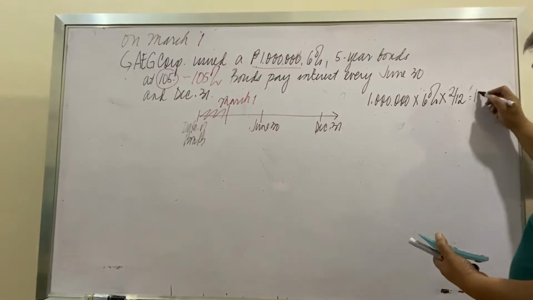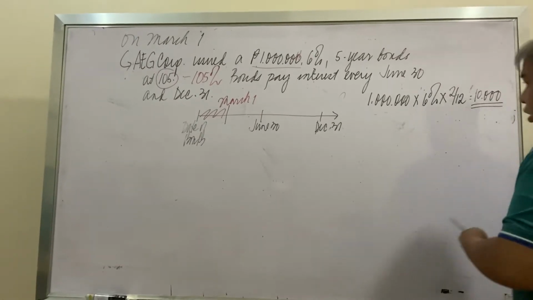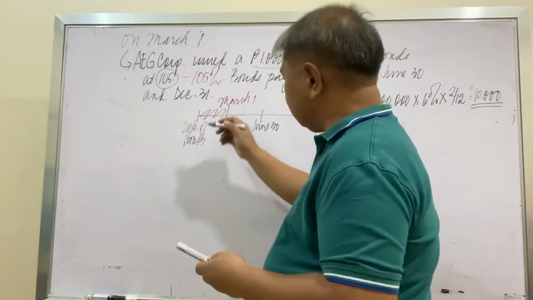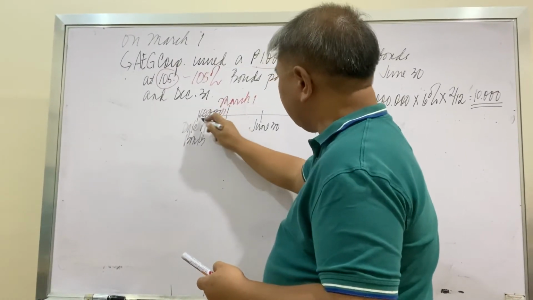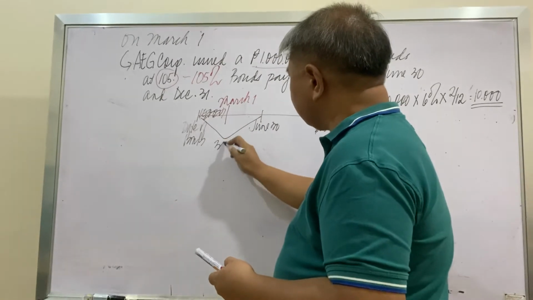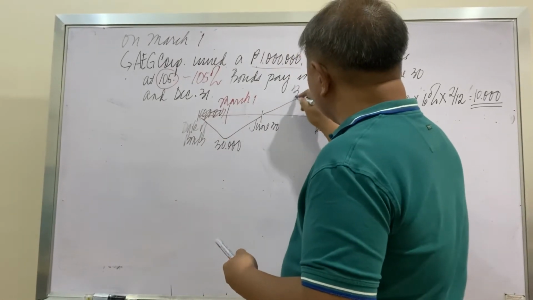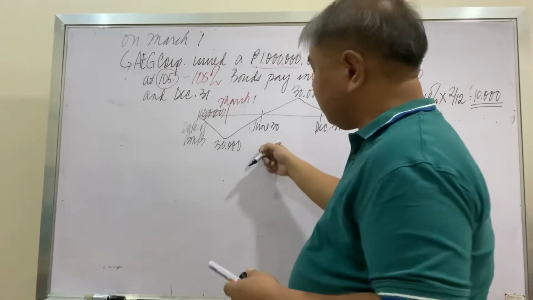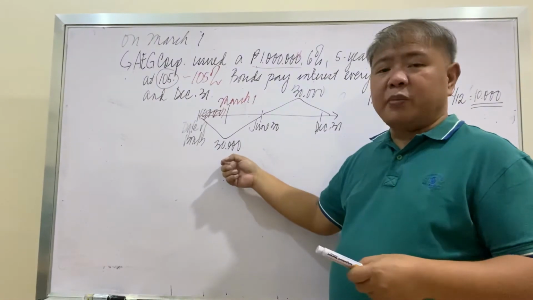Sorry, this is only 10,000 pesos. This is the interest pertaining to January and February, because the interest for the whole 6 months is 30,000 pesos, and the next one is also 30,000. So come June 30, the bond issuer will pay 30,000 pesos.